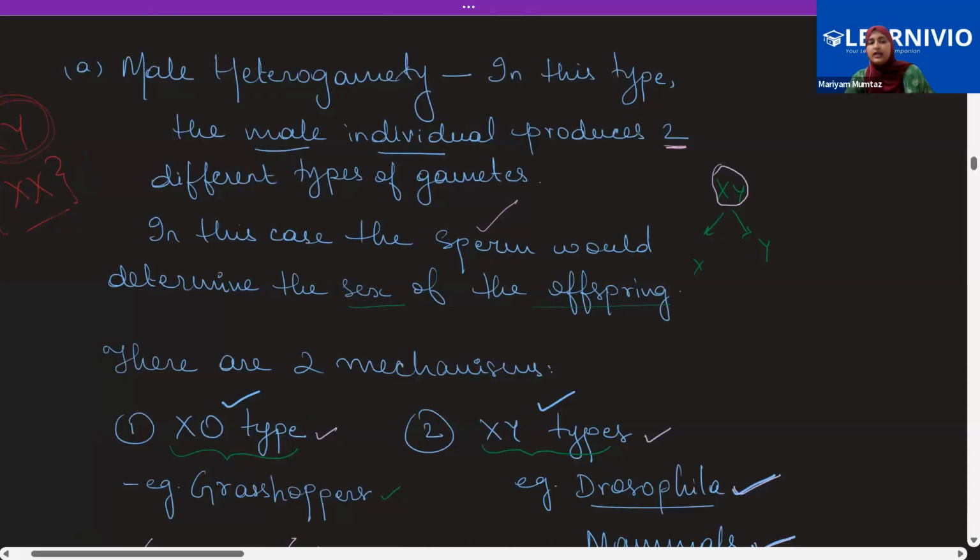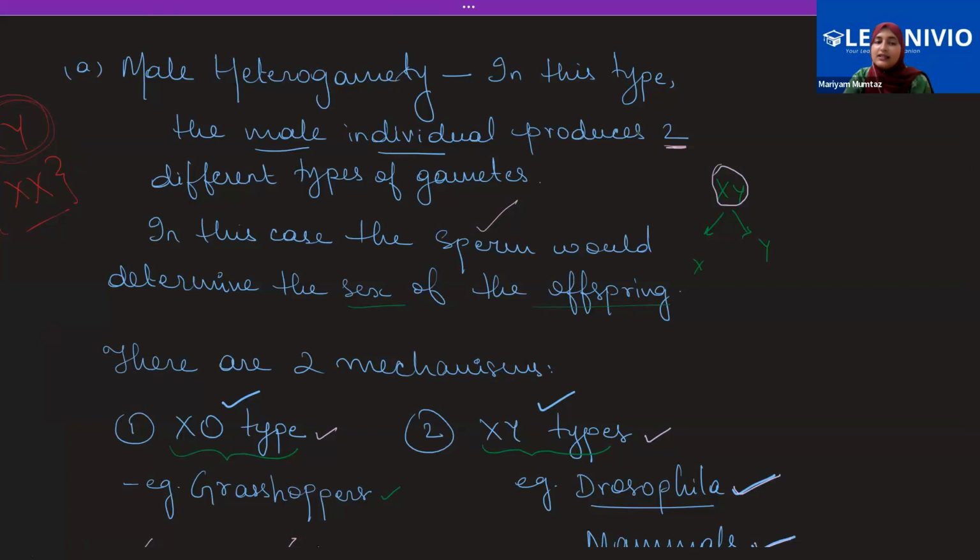Now, moving on to the heterogamety topic. The first case is male heterogamety. In this case, the male will be producing two different types of gametes. Whether it is male heterogamety or female heterogamety, in either case the male and the female will be responsible for the sex of the offspring.